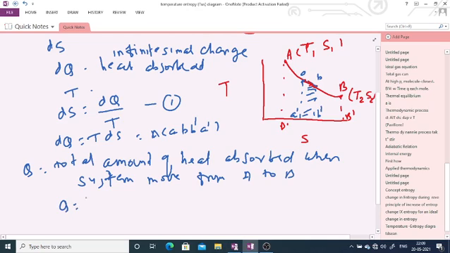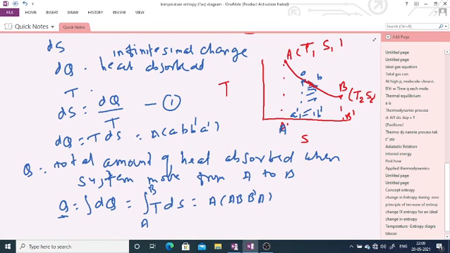So we got the total amount of heat absorbed by the system, from A to B, integral of T ds is equal to the area of A B B dash C. So the total amount of heat absorbed by the system is equal to the area A B B dash C. This is the area under the curve AB.